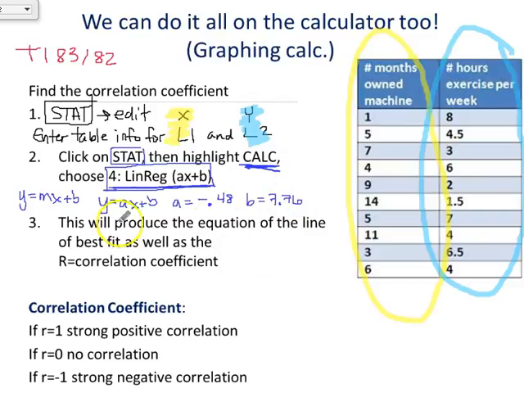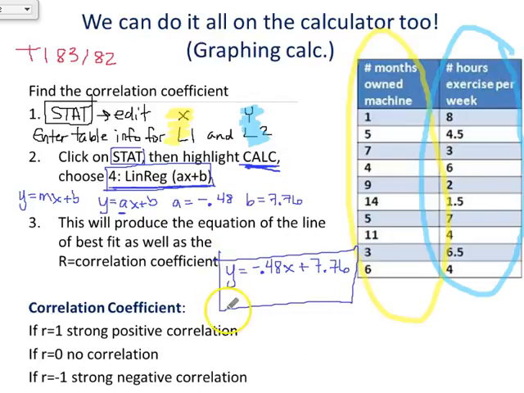So now I can use this number, negative 0.48, which is really our slope. So y equals negative 0.48, because a represents our slope, then x, and now my b is 7.76. So this is my line of best fit that the calculator came up with.